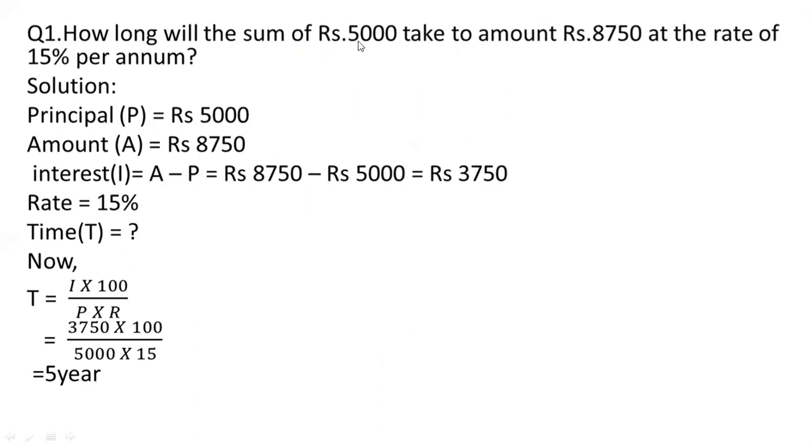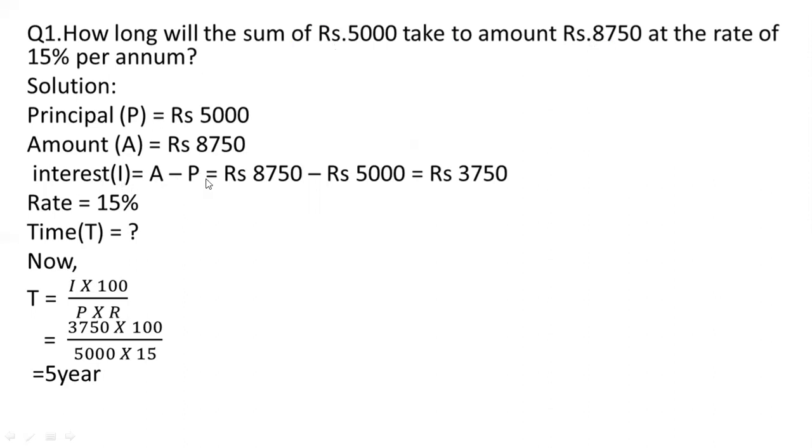This is the principal, the deposited money 5,000, and this amount will be 8,750. As I have told in the previous class also, when the amount and principal are given, our first step is to find interest, because by using the interest only we can find out time here. That's why when the amount and principal are given, first of all find interest.